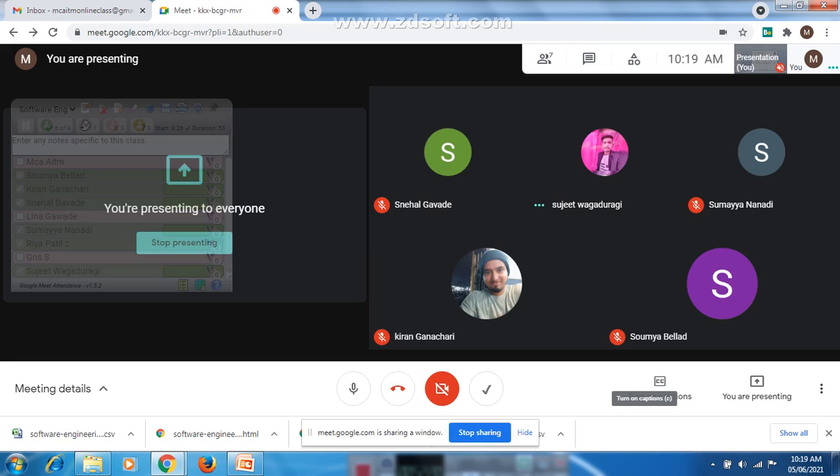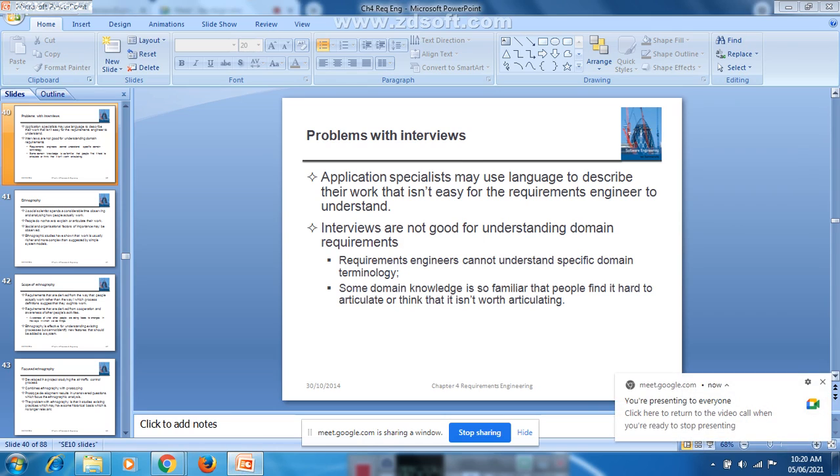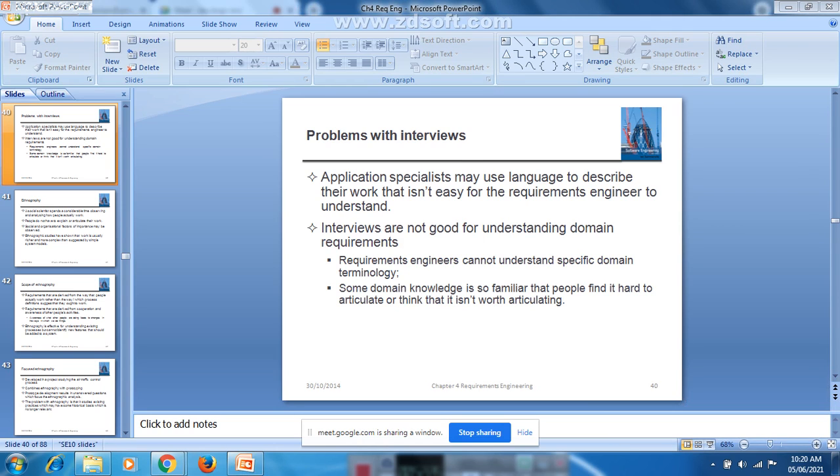Yes, okay. See, we are studying the problems of the interviews, right? One is that the language the application specialist uses might not be understood by the requirement engineer. And second, conducting interviews is not good for understanding the domain requirement. Why? Because the requirement engineer might not know the domain terminologies.